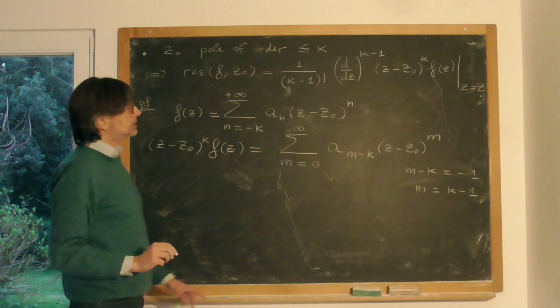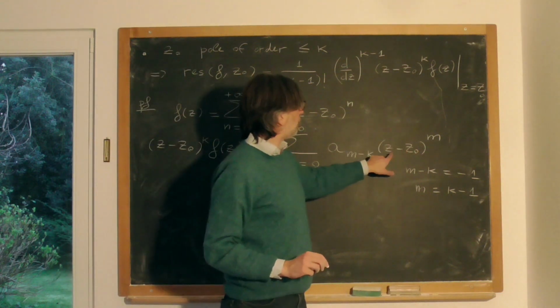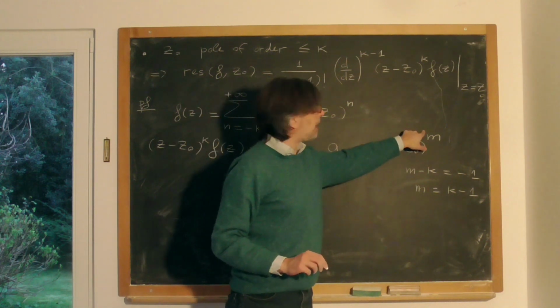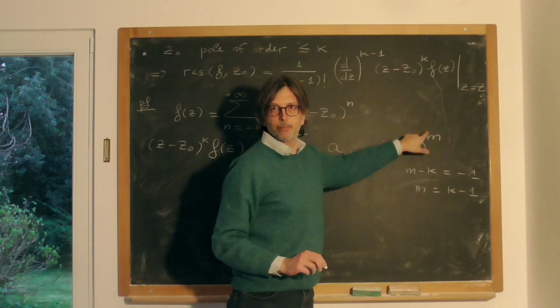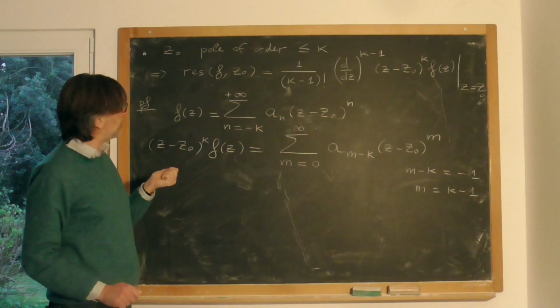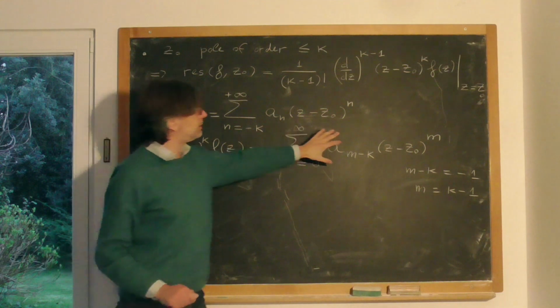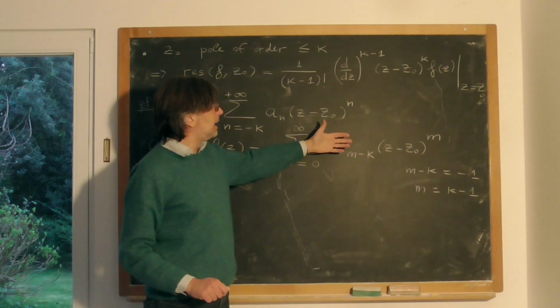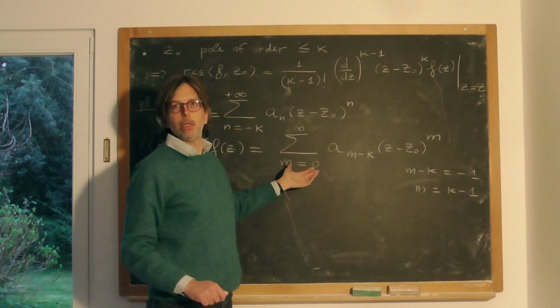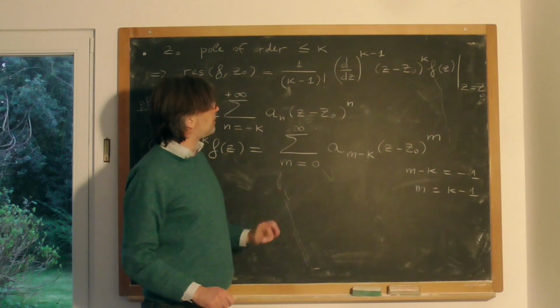Okay, so we are interested in the coefficient of the monomial (z minus z naught) to the power k minus 1. So in order to extract this coefficient from a power series, the usual way is to compute derivatives and then evaluate the precise derivative at z naught.